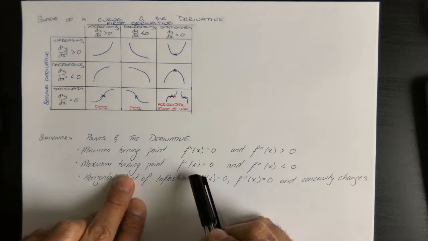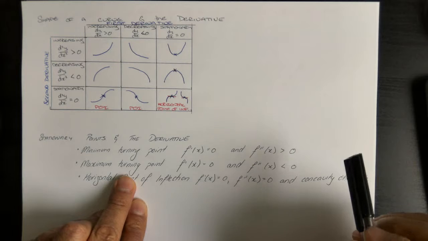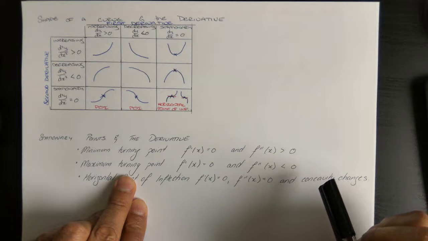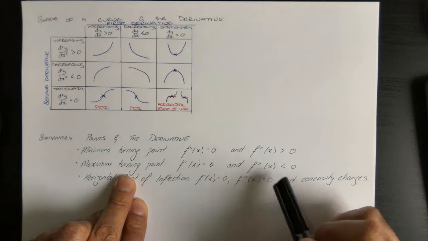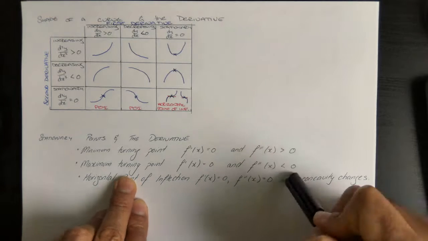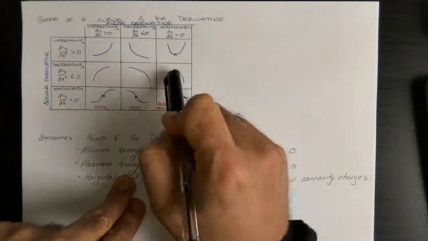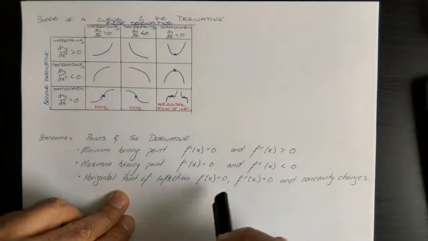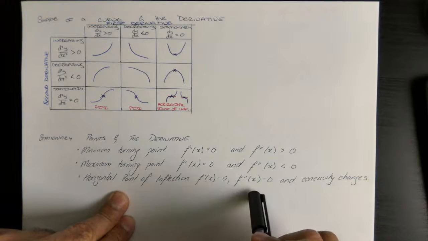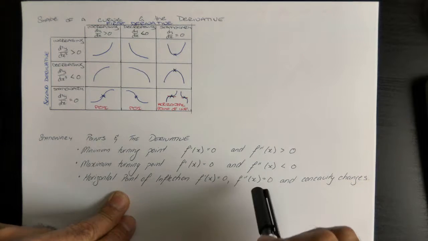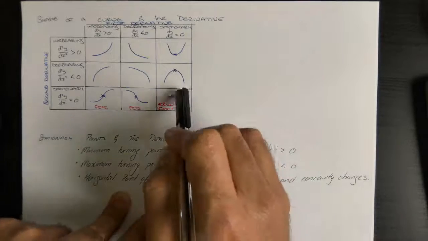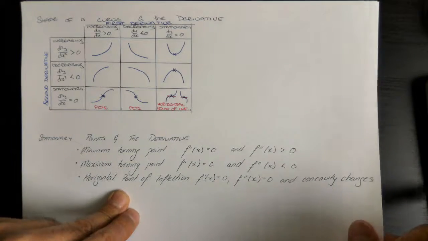Otherwise, if you have a stationary point at 0, but the second derivative is decreasing, then you're going to get a maximum turning point. Okay. If f'(x) equals 0 and f''(x) equals 0, so the first and second derivative equal 0, and there's a change of concavity, then it's a horizontal point of inflection.